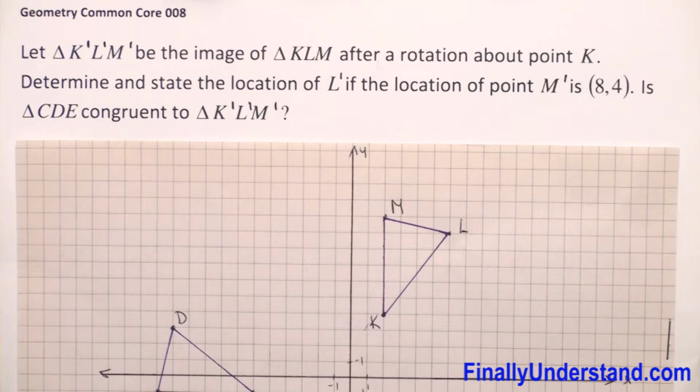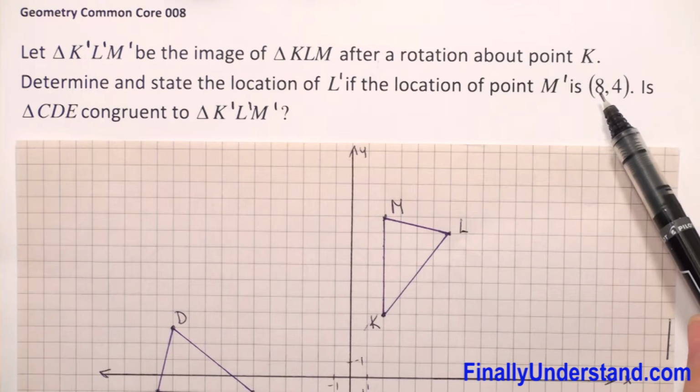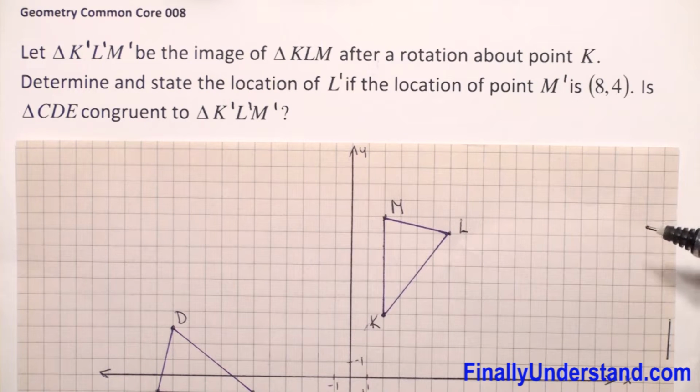So first we have here rotation about point K. We know that the rotation is a transformation which turns a figure about a fixed point called the center of rotation.